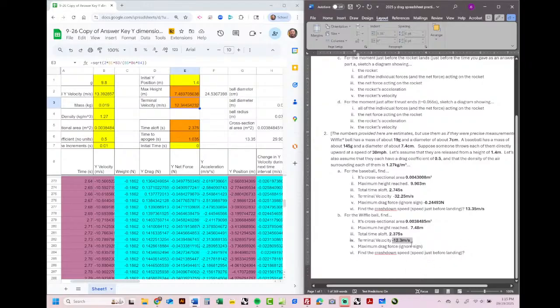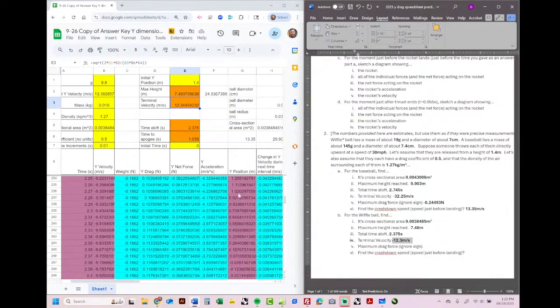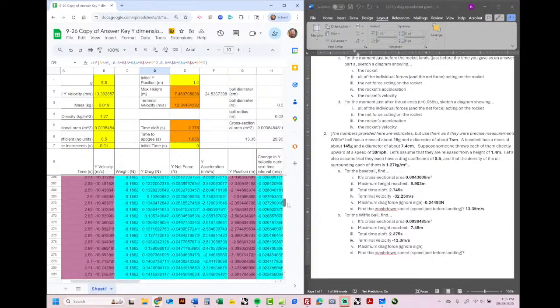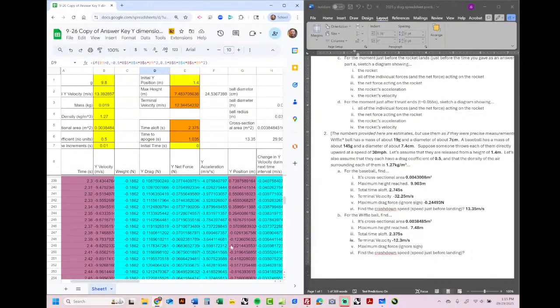Maximum drag force. Again, I can do the same kind of thing I did before. Look at the drag at the beginning. It's 0.219. And then I can go until it hits the ground, which is going to be at 2.375 seconds. So right around here. Rows 246, 247, and the drag force is only 0.11.